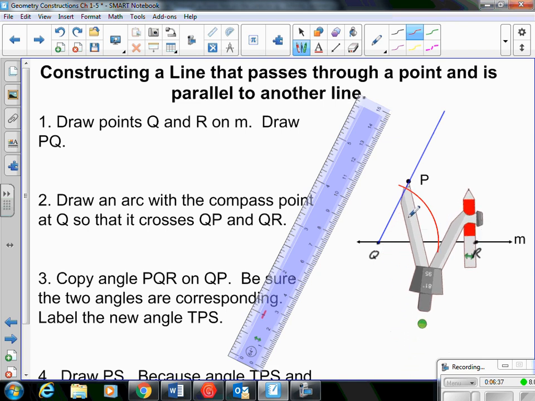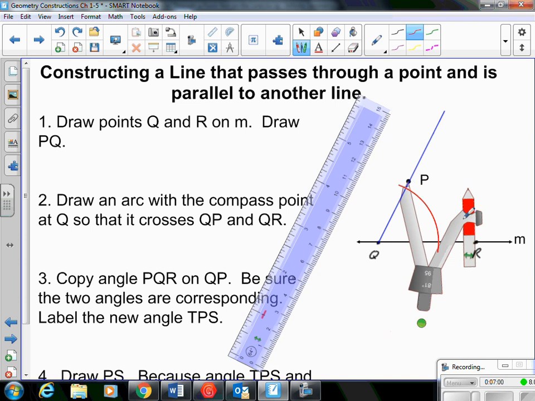And then we're going to go through the copying an angle process. So I'm going to go up here to P. Now, usually on copying an angle, your first step is to draw a line. So technically this line that we drew from Q to P and extended past, we're counting that like it was the line that we just drew for the first step of copying an angle.